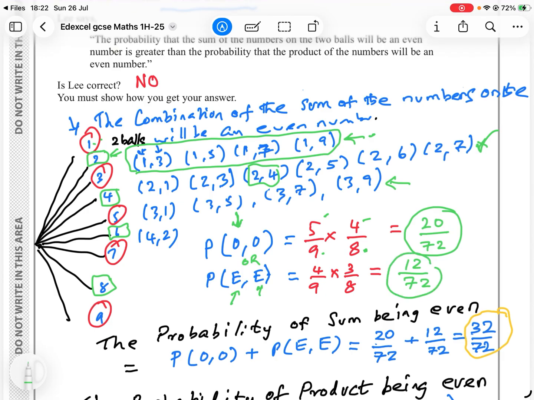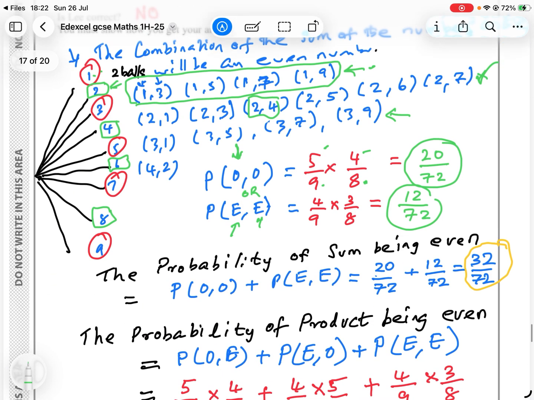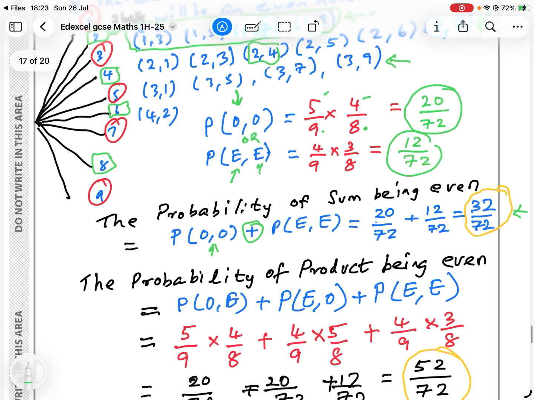So you have two options. The probability of the sum being even, you have to add them, the probability of an even number is equal to 32 over 72. So the total probability of the sum being an even number is 32 over 72.